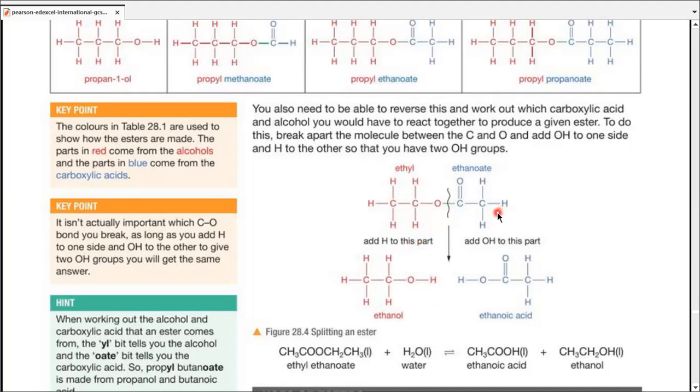As we were taking OH from the carboxylic acid, during the reversal you're supposed to add OH to this part, at the correct place. So much so that the ethyl is converted into ethanol and the ethanoate is converted into ethanoic acid, which means we can go with the reverse reaction. In the presence of water, the ester breaks down to form its original constituents, ethanoic acid and ethanol in this specific case.